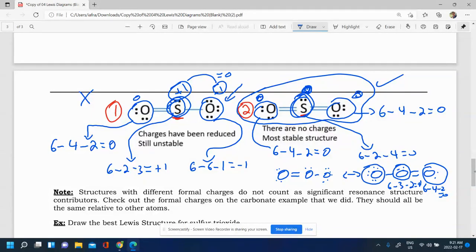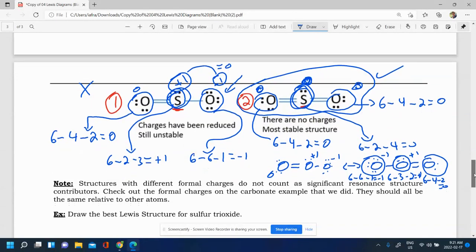And for this over here, you would have 6 minus 6 minus 1, that's negative 1. So you'd have negative 1 and plus 1 here. Whereas here, this one would be 0, this would be your negative 1, and this would be your plus 1.